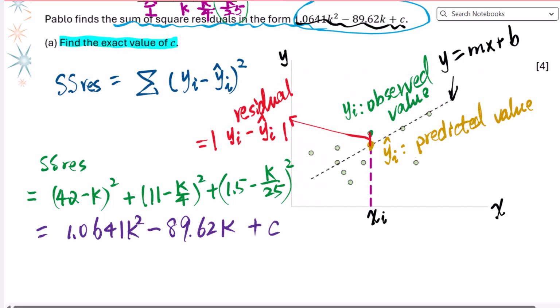Let's analyze this equation. On the right side, this c is a constant.